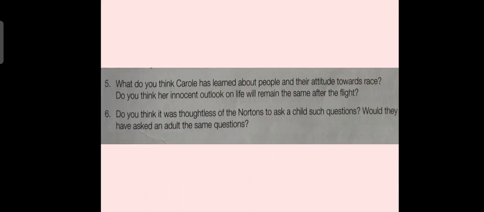Question number 5. What do you think Carol has learned about people and their attitude towards race? Do you think her innocent outlook on life will remain the same after the flight? Answer number 5. Young Carol, who was so far not affected by racial discrimination, was made conscious of her own racial identity by the Nortons.